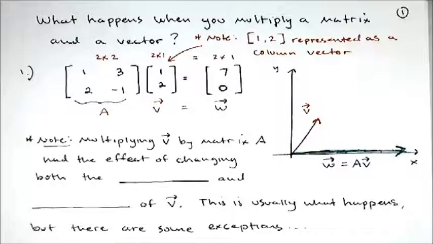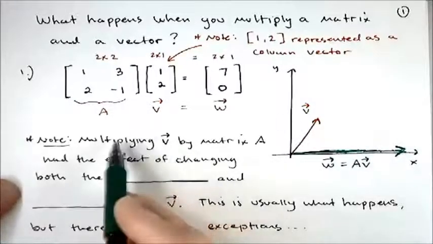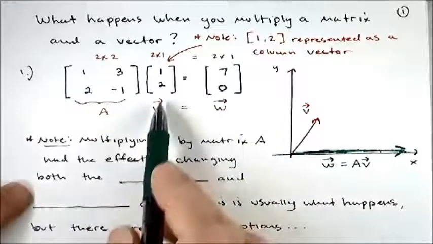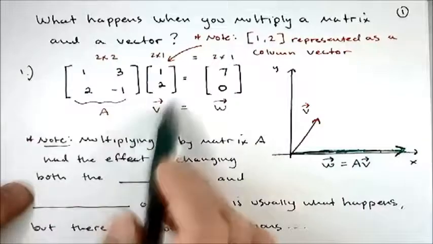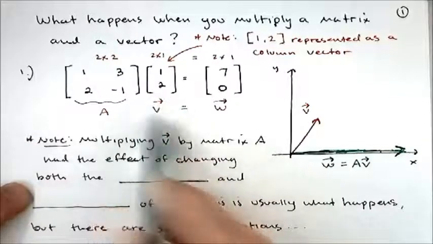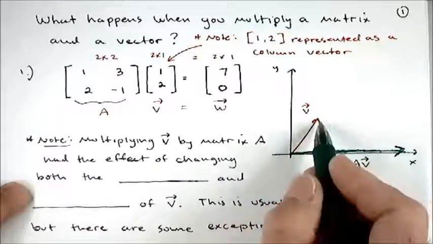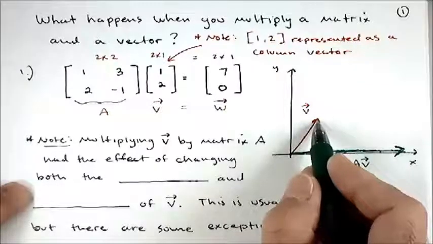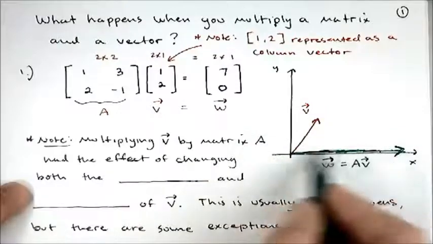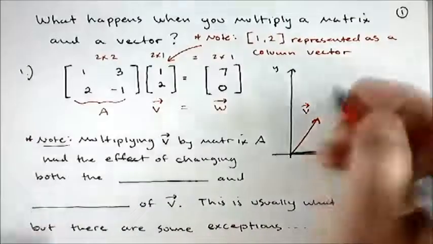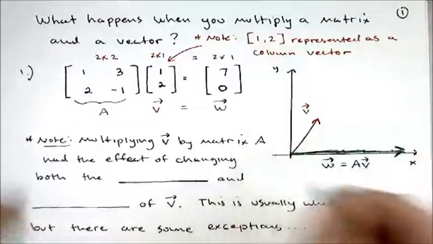One takeaway, albeit not very interesting, is that when you multiply this vector by this matrix, how did it change the vector? It's a completely different vector. How would I describe the change? Well, it definitely changed the direction. It's now pointing in a different direction. And hopefully you can see that the magnitude is also different.